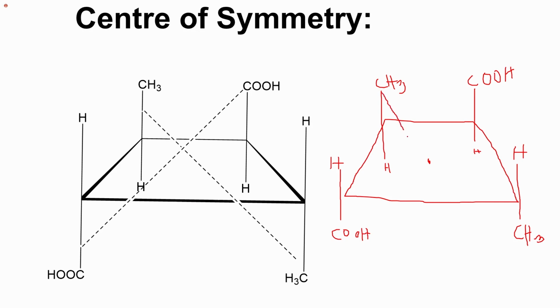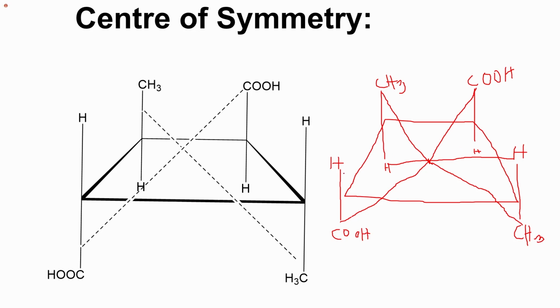If we pass a line from here, it goes through and touches this CH3. In the same way, if there is a C double O group here, it also passes through the center of symmetry and touches the other C double O. Now this hydrogen, this below hydrogen and this above hydrogen, it will also go in this way, and here one hydrogen is above, one hydrogen is below.